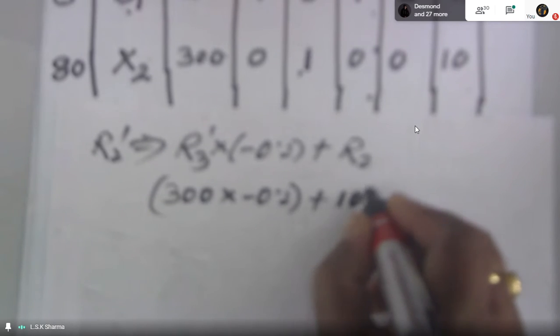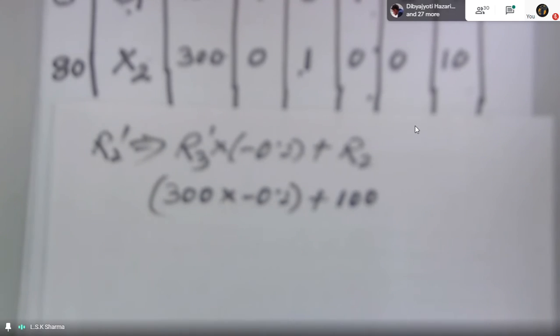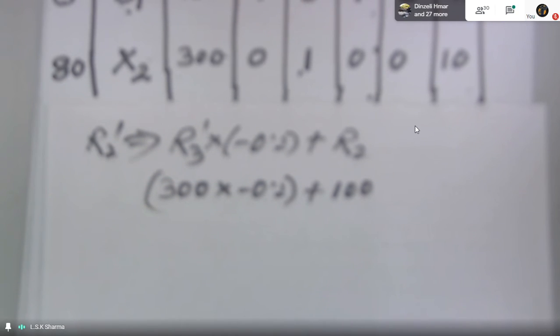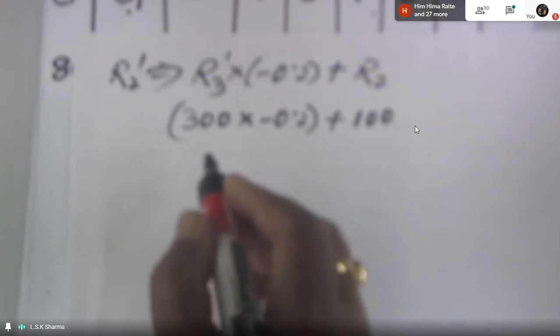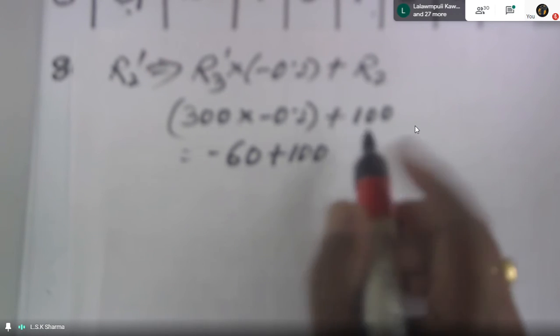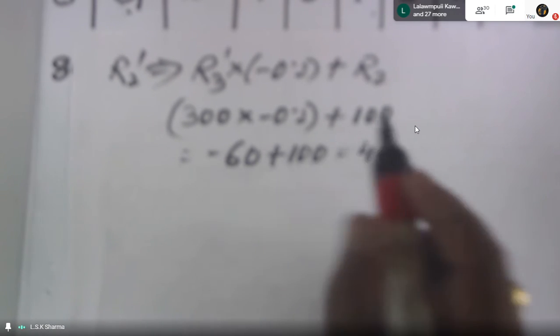The value out here was 100. So how much do you get? 300 into minus 0.2 is how much? 60. So this is nothing but minus 60 and plus 100, which is equal to 40. So the value out here will be 40. Can you see?